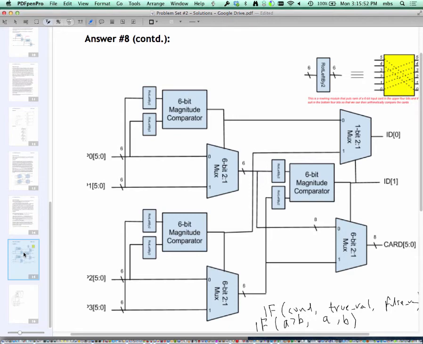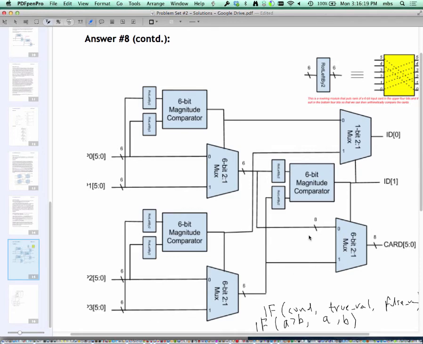There are a couple of different ways. The way I did was I said, look at the output of this magnitude comparator and this magnitude comparator. It tells me within P2 and P3 who won, and the top one tells me within P0 and P1 who won. And then the magnitude comparator out here tells me whether the winner was in group P0, P1 or in P2, P3.